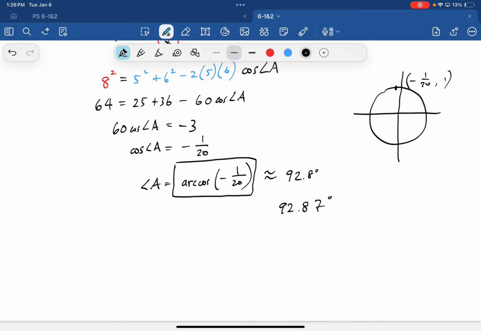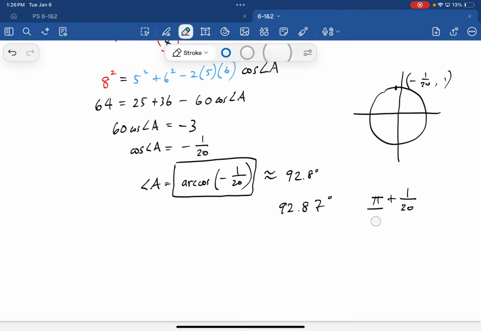And then you have to use an approximation technique where this is going to be equal to about pi over 2 plus 1 over 20. Is that right?